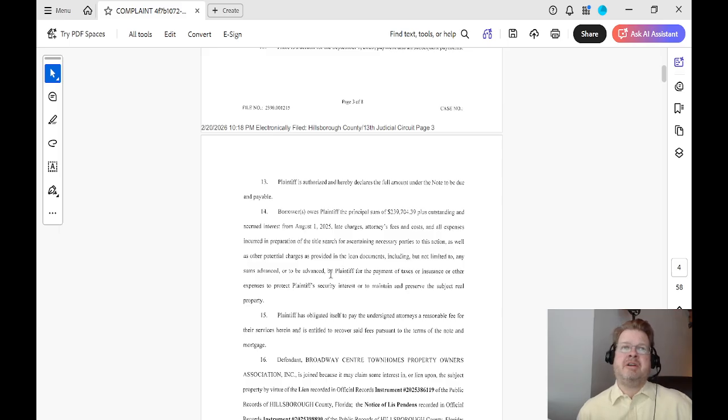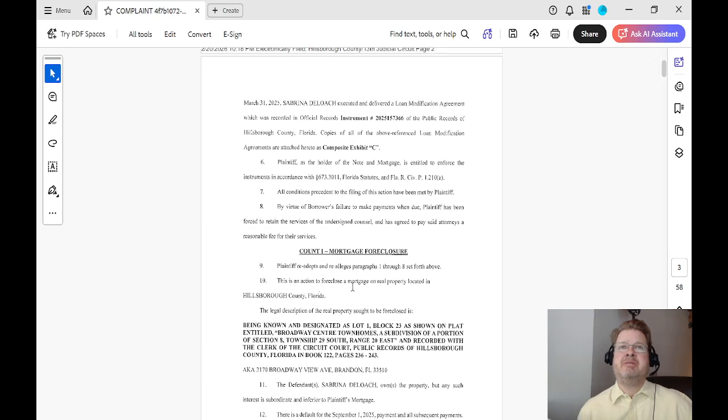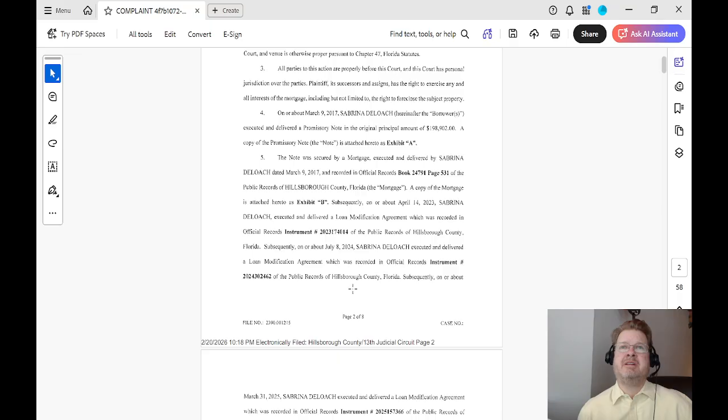I want to go on to paragraph 14 here, where it says that the borrower owes plaintiff the principal sum of $239,704.39 from August 1 of 2025 and goes on to include other charges. I want to go back when I'm scrolling up because I remember seeing a different number. And here it is in paragraph 4.